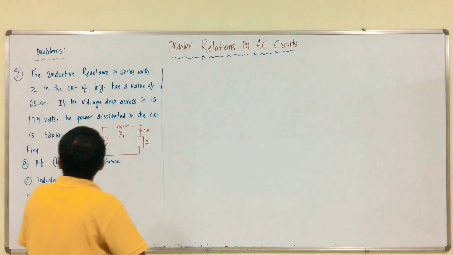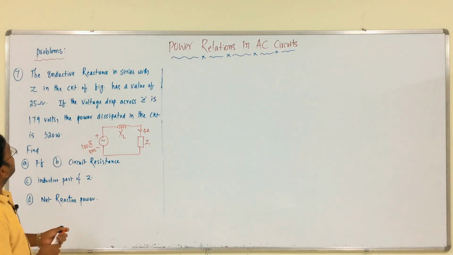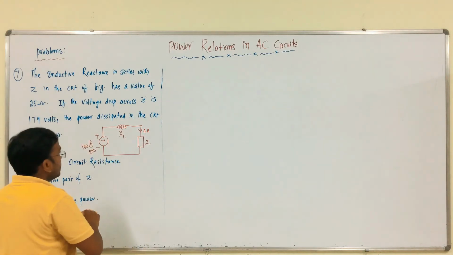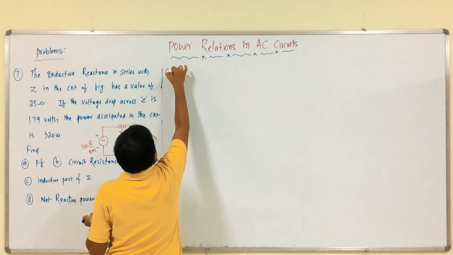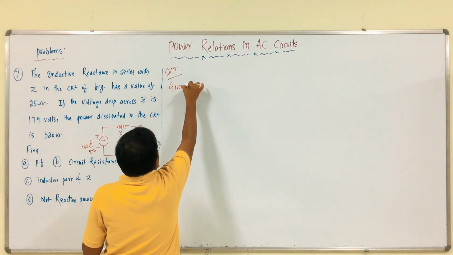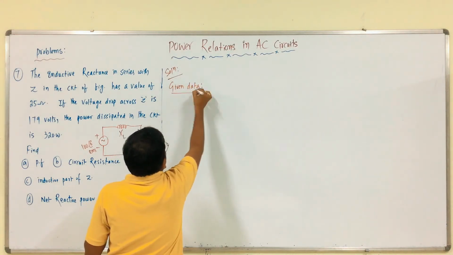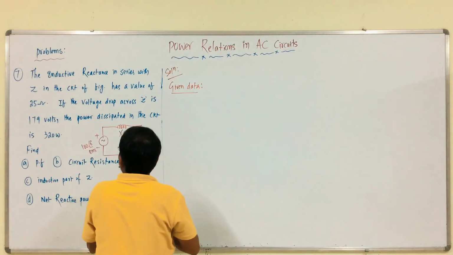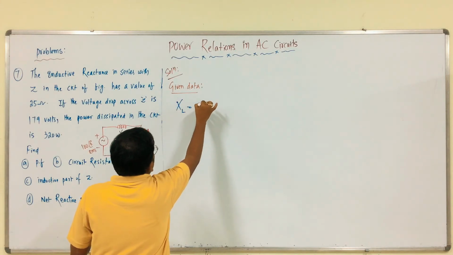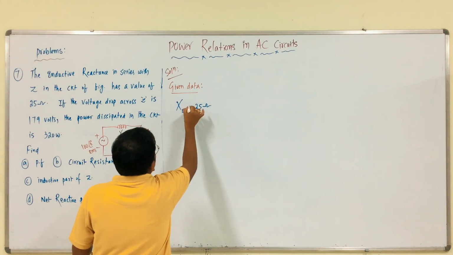The inductive reactance in series with Z in the circuit of the figure has a value of 25 ohms. So first we have to write the given data. XL is nothing but 25 ohms.